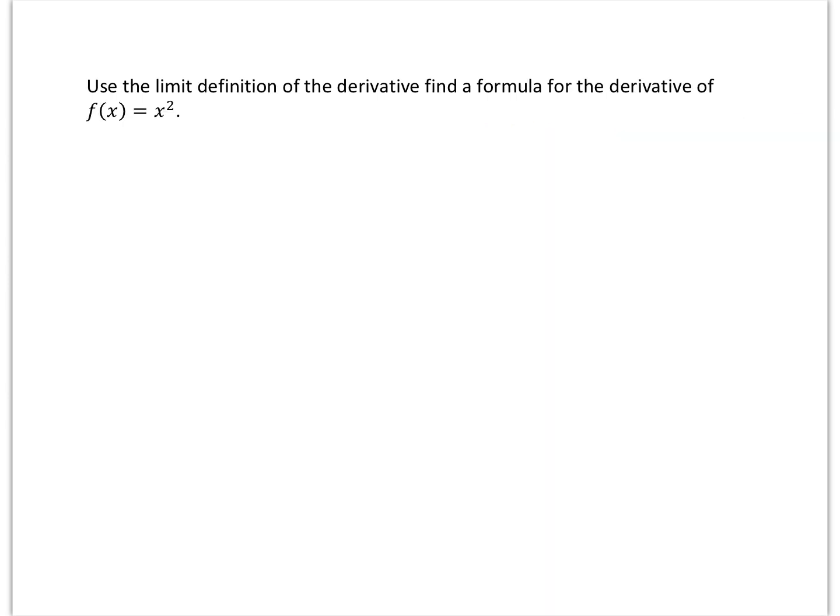Okay, similar problem. We are going to use the limit definition of the derivative to find a formula for the derivative of x squared. So the limit definition of the derivative is f prime of x is equal to the limit as h goes to 0 of f of x plus h minus f of x all over h.